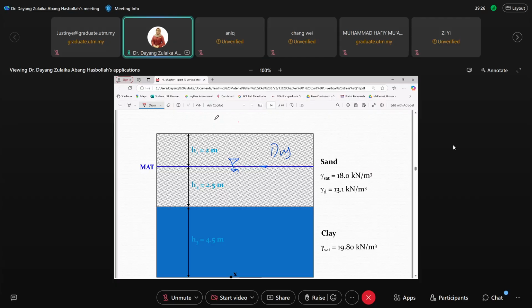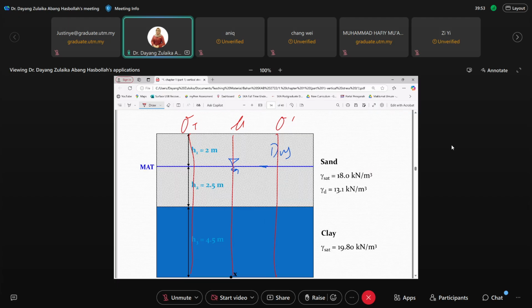Okay. First, if you want to make a stress distribution diagram, you have to have three columns like this. The first one is sigma, the total stress. The second one is pore pressure. The third one is effective stress. Now, let's take a look one by one.